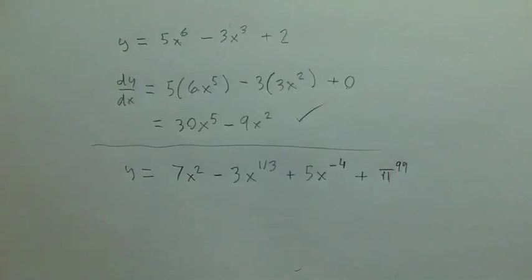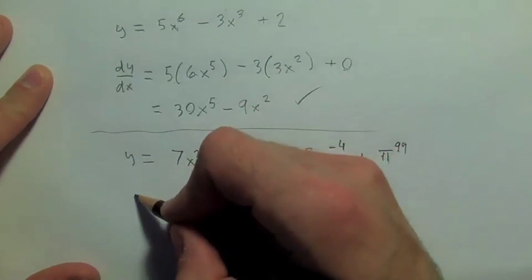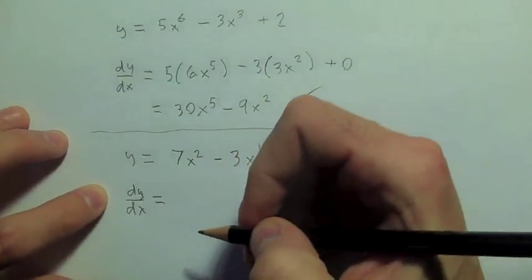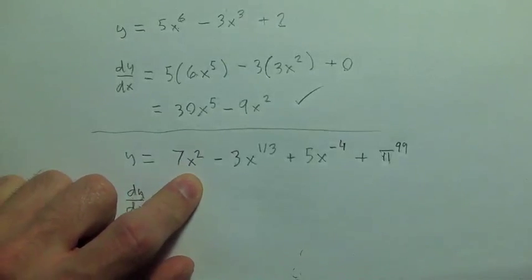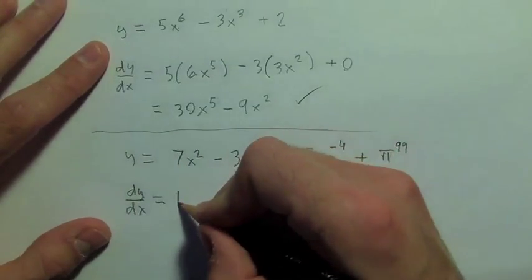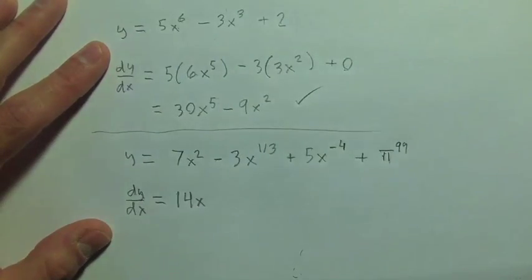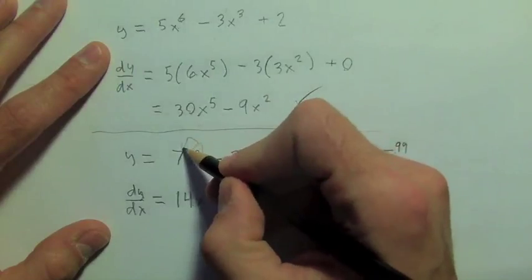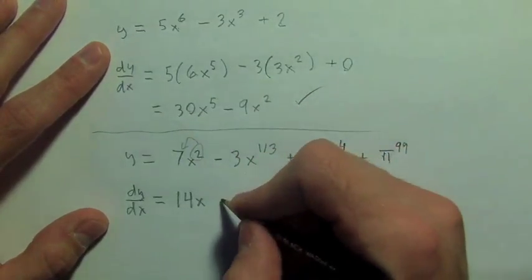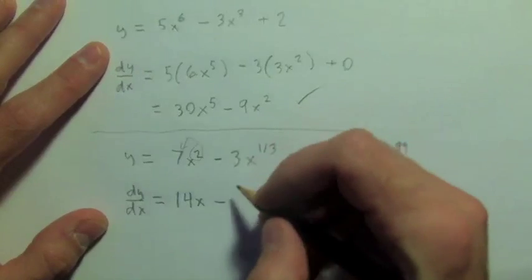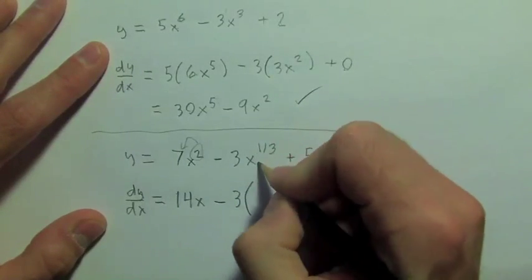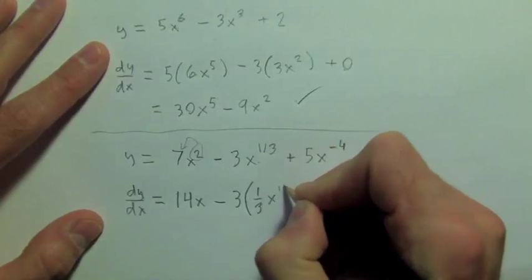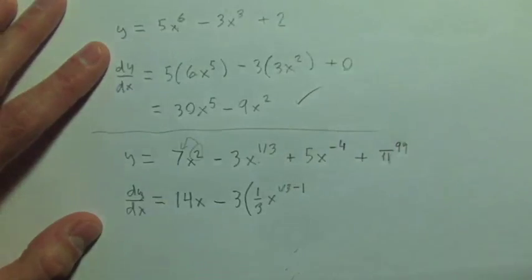Okay, so when I want to take the derivative, dy over dx, well, the derivative of 7x squared is going to be 14x. I'm skipping that step of the constant coming along for the ride, but remember the 2 comes out front and multiplies by the 7. Then, I'll actually write it out this time, it'll be 3 times, when I use the power rule here, 1/3 x to the 1/3 minus 1.